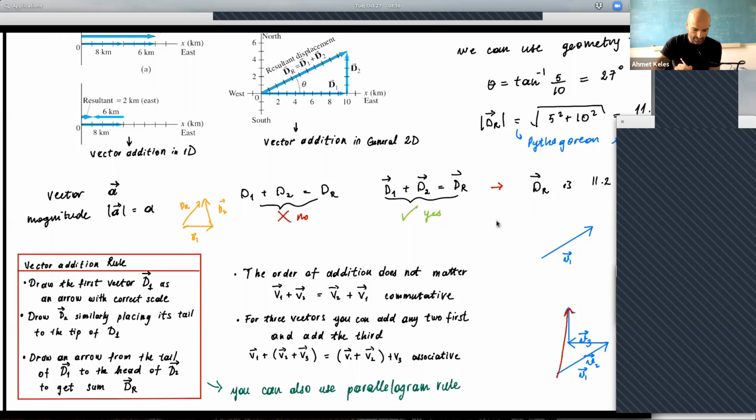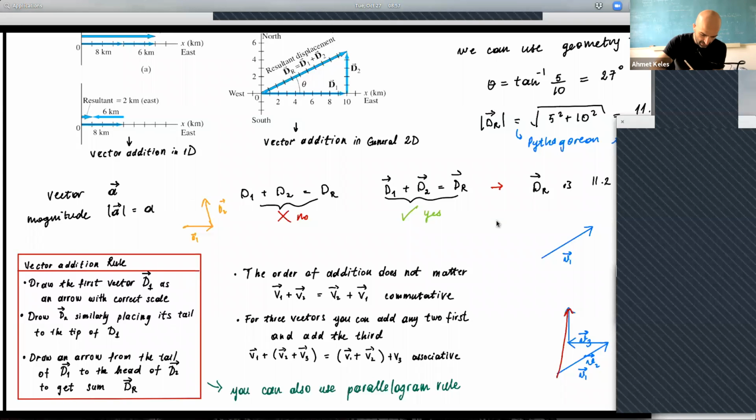There is also a parallelogram rule. Maybe I can quickly show you if you'd like that way. I don't want to draw and erase, so if you do the parallelogram rule, I'll delete this one. In the second case, we put tail to tail.